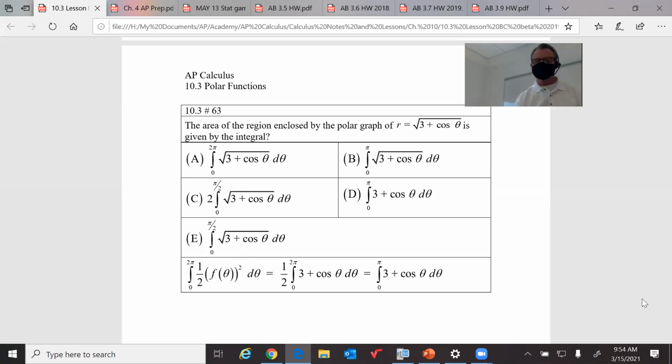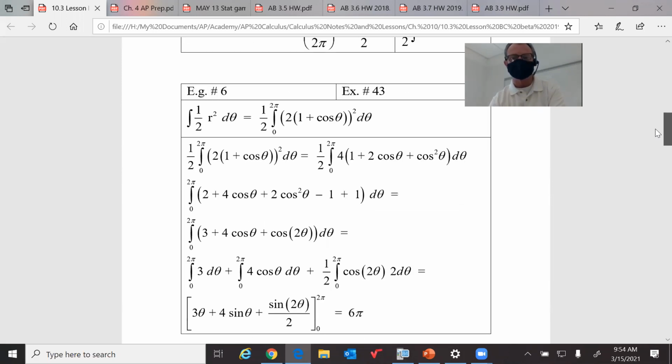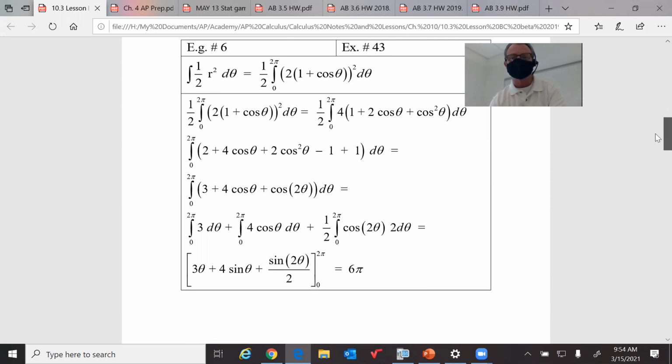So here is the question that we showed you on the PowerPoint. And here's the problem. The problem is this last term right here, cosine squared theta. So I did the problem a little differently than it was done on the PowerPoint. Why?